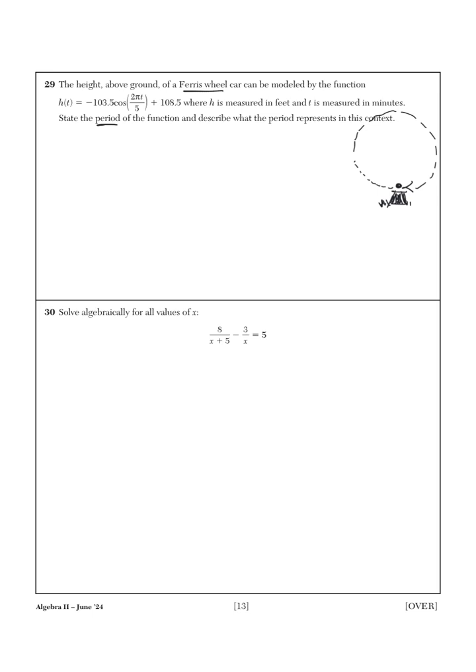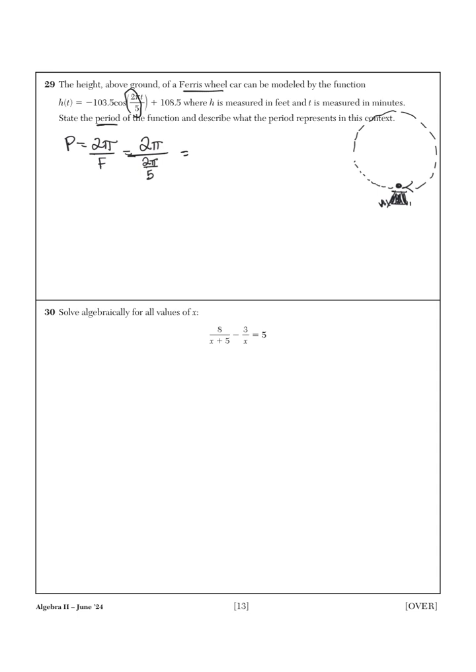All right, so the way that we find the period of a graph is it's 2 pi over the frequency. And the frequency is always the number in front of the x. So in this case, that's 2 pi over 5. So I'm going to do 2 pi over 2 pi over 5.